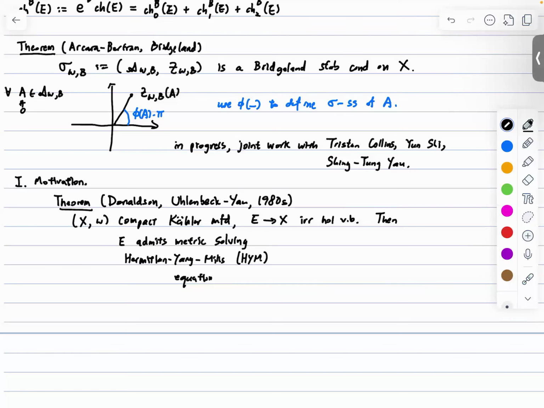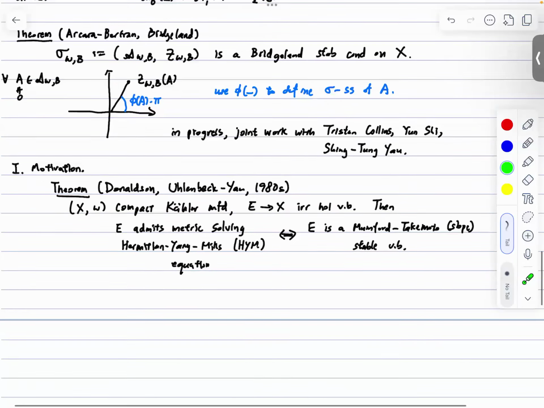Now, this statement is equivalent to a statement in algebraic geometry. So on the algebraic geometry side, we can think about E as an algebraic vector bundle, and we can ask the question: is it Mumford-Takemoto, or slope, stable? And these two statements turn out to be equivalent. But that was in the 80s.